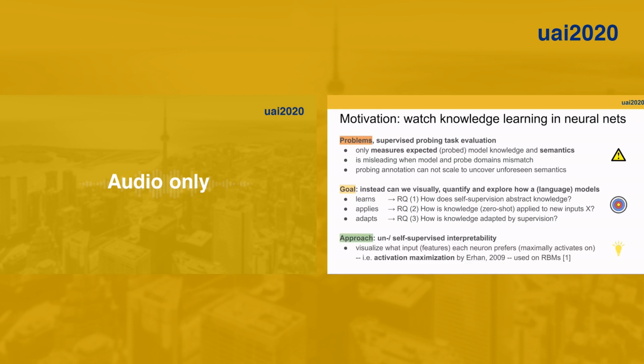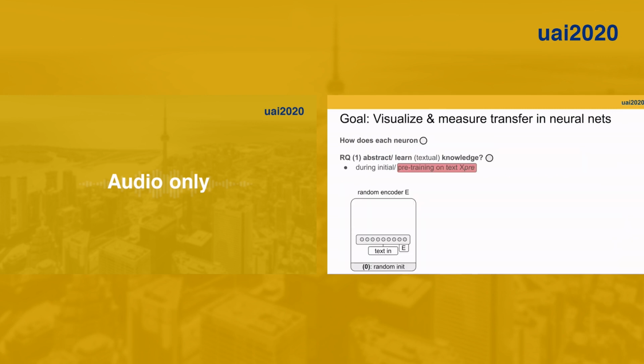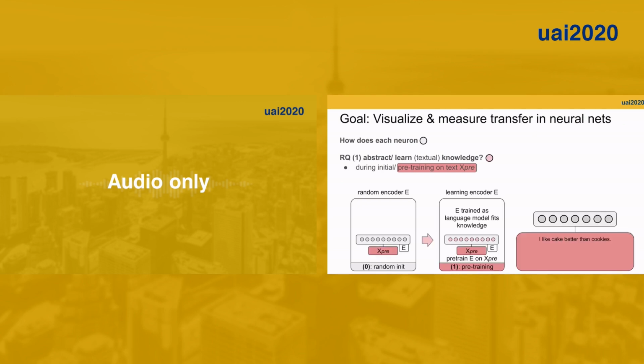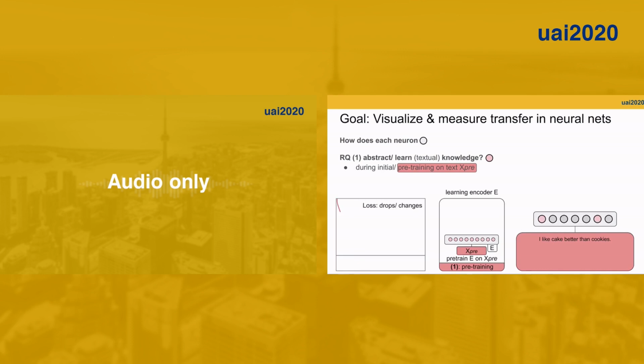The approach we chose for this is self-supervised interpretability, and specifically the principle of activation maximization, which visualizes what input features each neuron prefers, i.e. maximally activates them. For the first research question, how language models learn, we took a random encoder and fed data to it, basically language model pre-training.